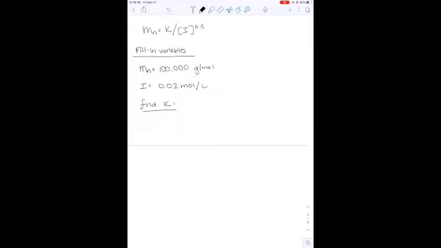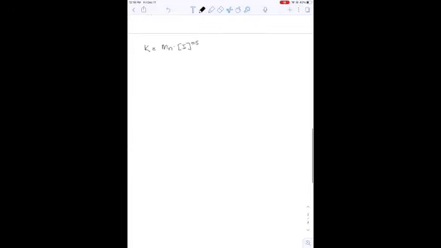M sub n is equal to K divided by the concentration of the initiator raised to the half. I rearranged the equation so we can solve for K with our given values. By plugging in 100,000 and 0.02, we end up with a K value of roughly 14,142.14.